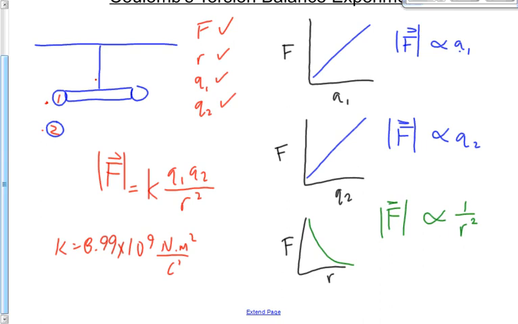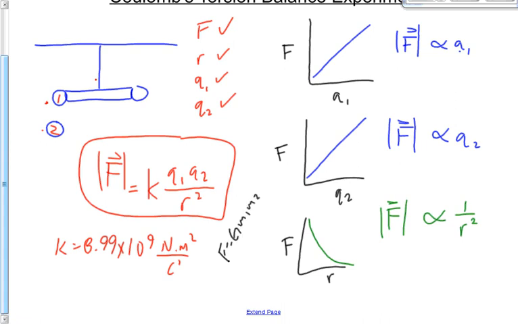All right, we also compared this equation that we learned yesterday for the first time to an equation that we saw last year: G m1 m2 over r squared. That's Newton's law of universal gravitation. There are some pretty big similarities, and some pretty big differences as well. The similarities? Well, the structure is the same.